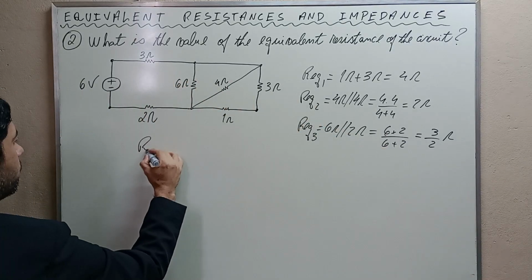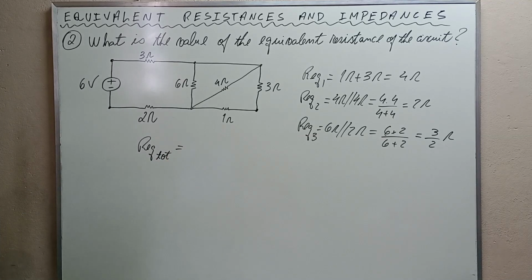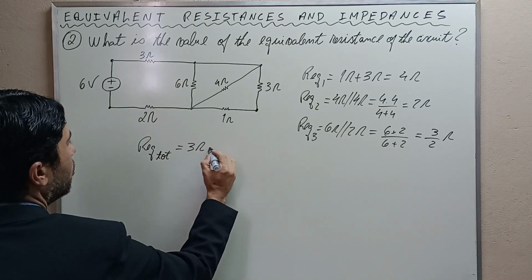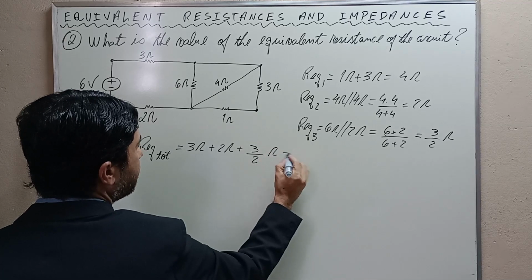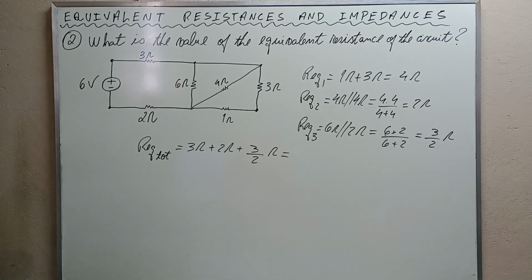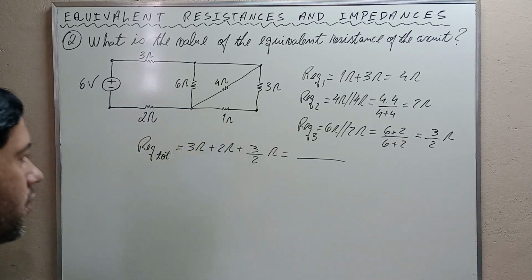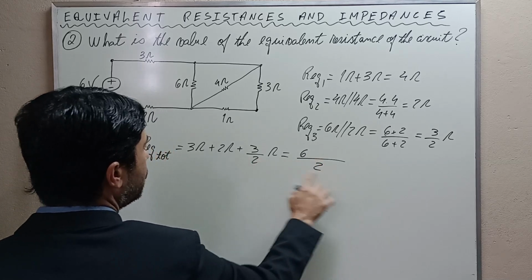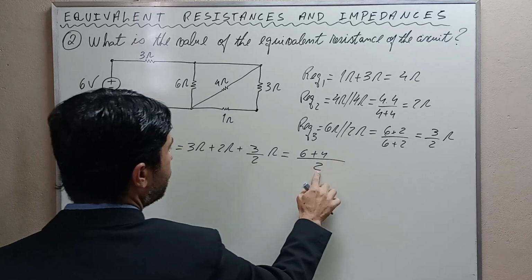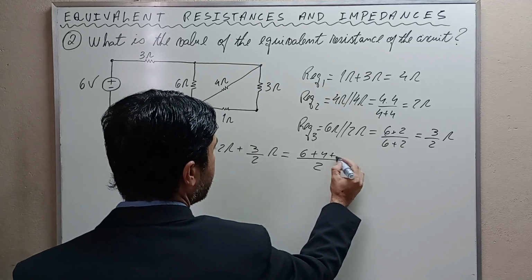So the total equivalent resistance will be the series combination between 3 plus 2 plus 3 halves, and this we find, let's take the lowest common denominator here, will be 2 times 3 is 6, 2 times 2 is 4, and 2 divided by 2 is 1, times 3 is 3.